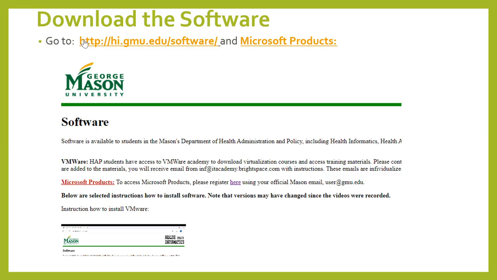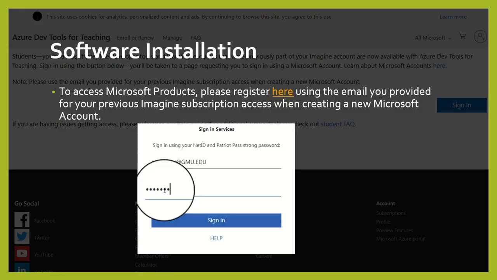First of all, you go into this website for GMU students, then look for Microsoft products. This is where you'll find SQL Server Developer Edition and other Microsoft tools. Here is what it will look like; due to confidentiality, I already downloaded it on my laptop.